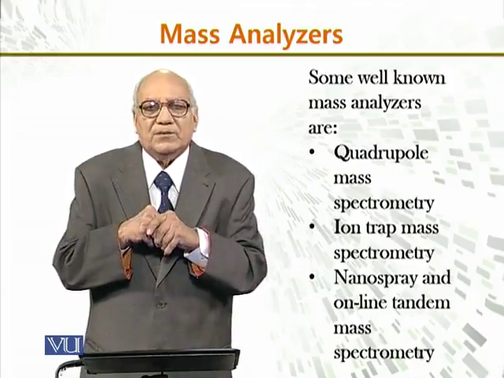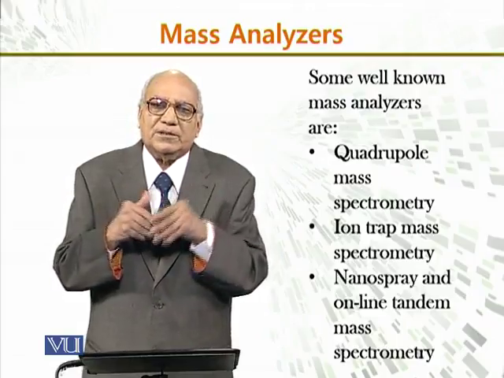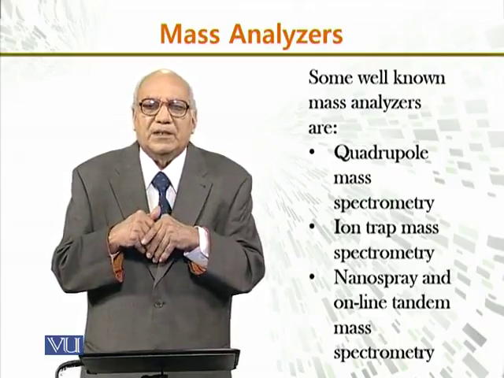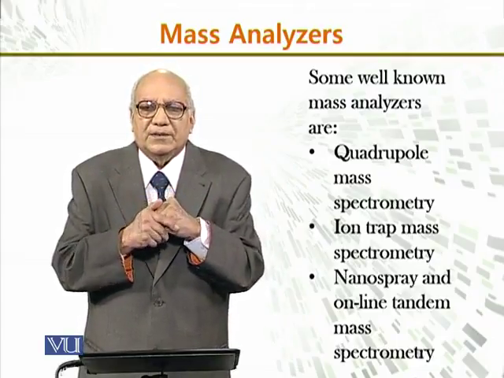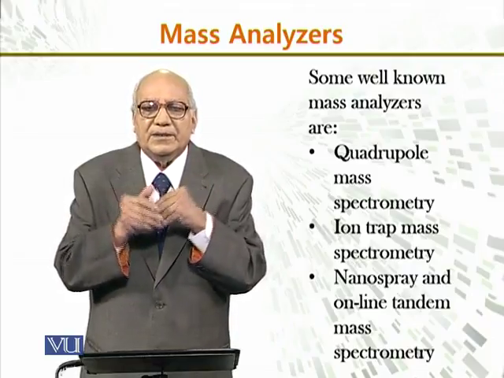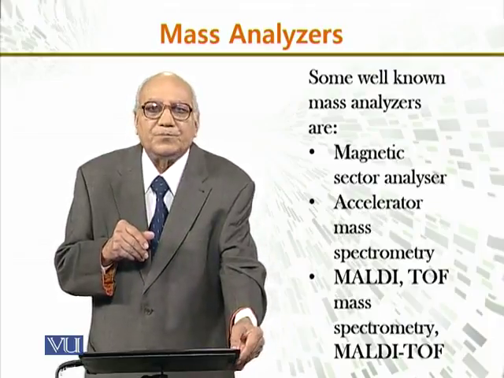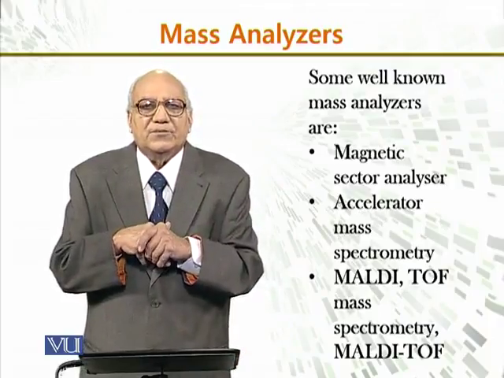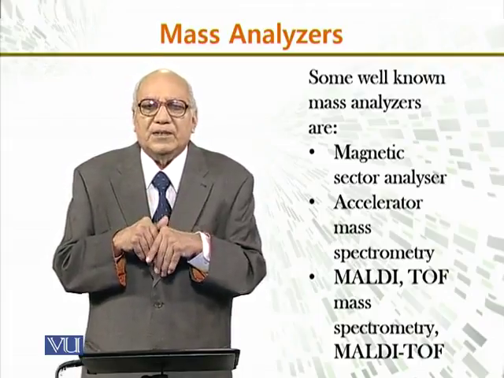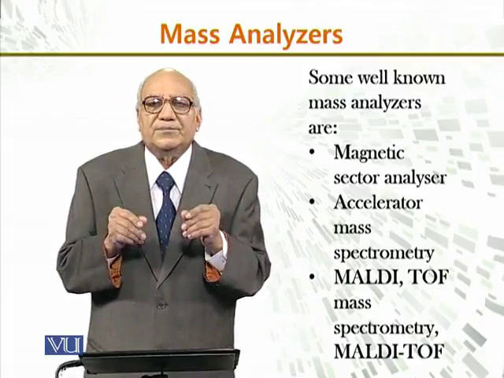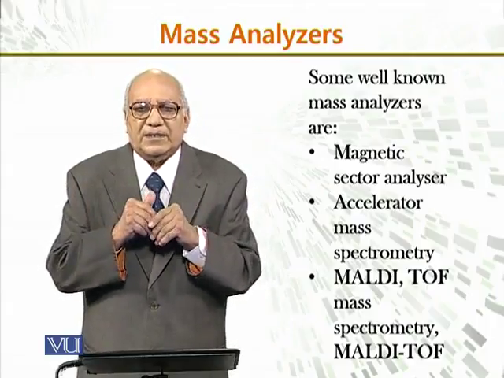Some well-known mass analyzers are quadrupole mass spectrometry, ion trap mass spectrometry, nanospray and online tandem mass spectrometry. Other well-known mass analyzers include the magnetic sector analyzer, which uses a magnetic sector.